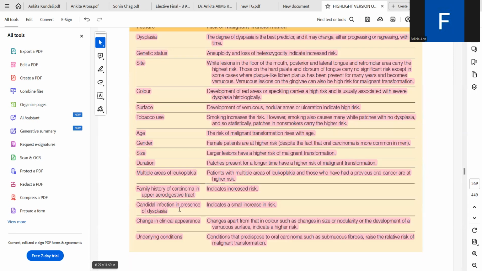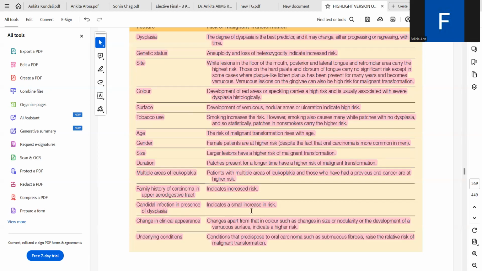Then candidal infection in the presence of dysplasia indicates a small increase in risk. Change in clinical appearance: changes apart from that in color, such as changes in size or nodularity or the development of a varicose surface, indicate higher risk. So any clinical appearance or surface change is almost similar.